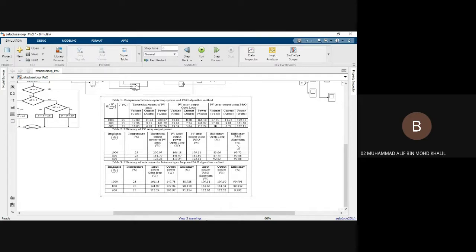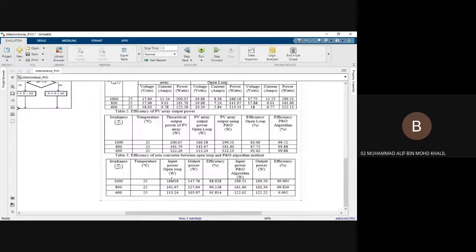For the PNO algorithm, it has a great efficiency. It's 99.72 for the 1000, and for the 800 irradiance it reached 99.88. Same goes for 600 irradiance, which is 99.88. So we have a high efficiency.